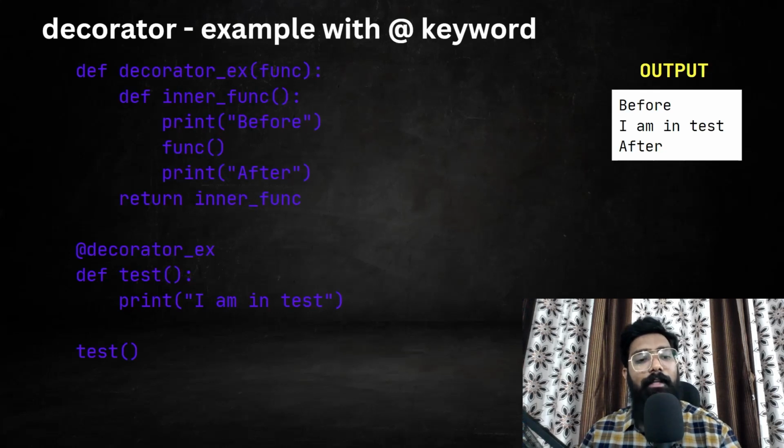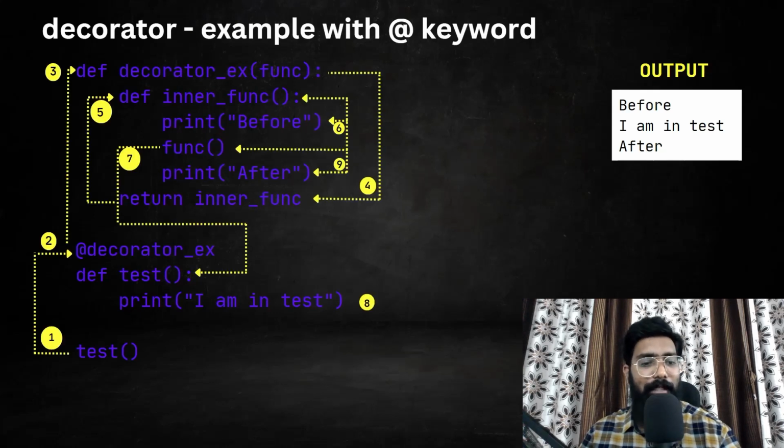So we don't need to create an object here. We can directly call test, and internally this test is going to call the decorator. So how does this workflow happen? The workflow is going to happen something like this: 1, 2, 3, 4, 5, 6, 7, 8, 9. We can track all these points and understand the entire functionality of a decorator.